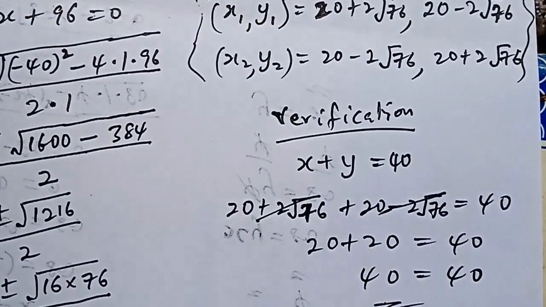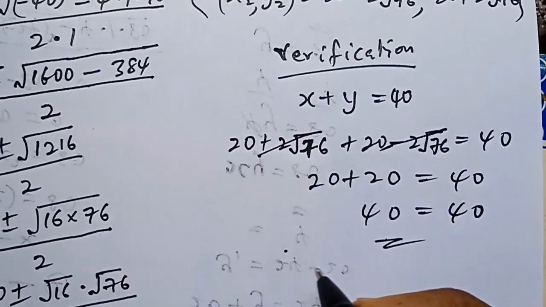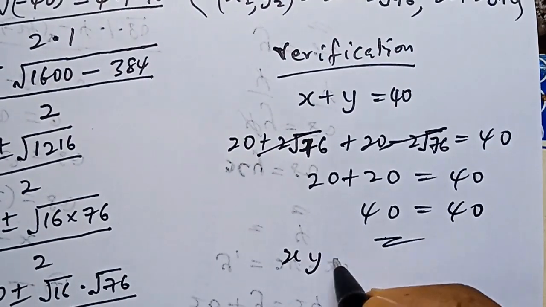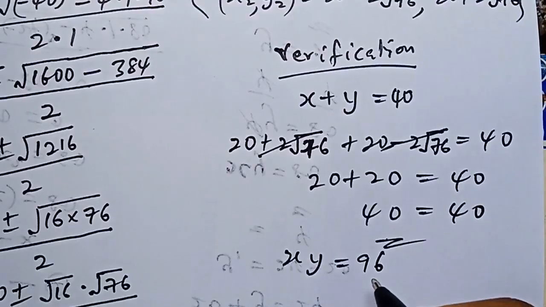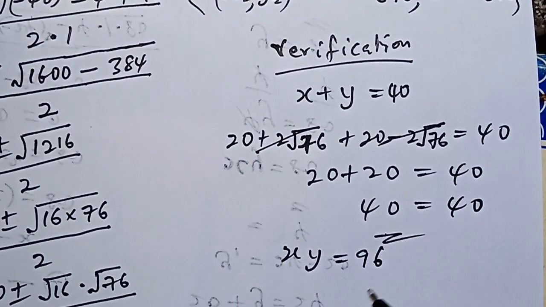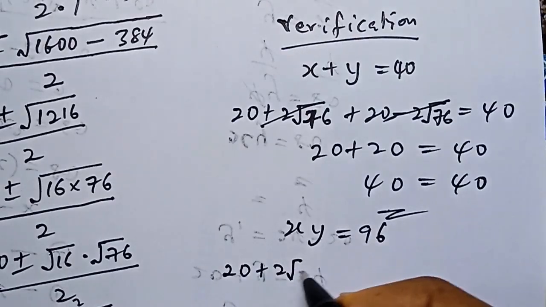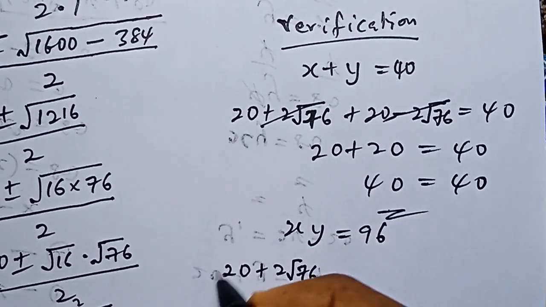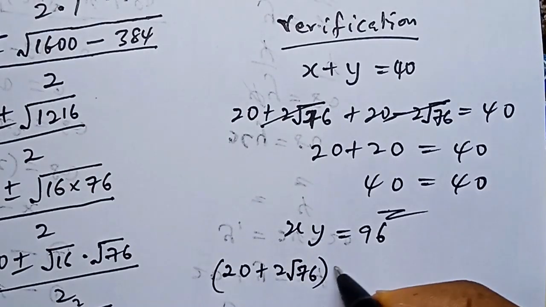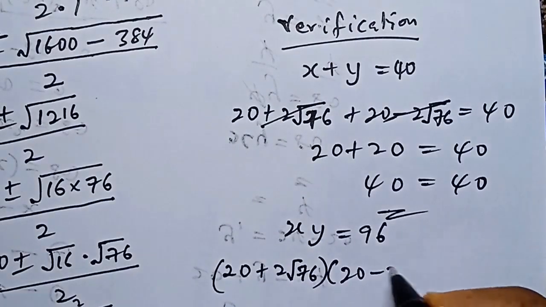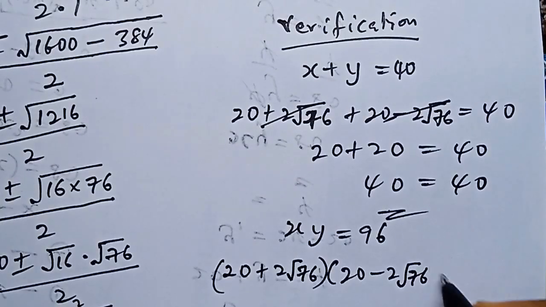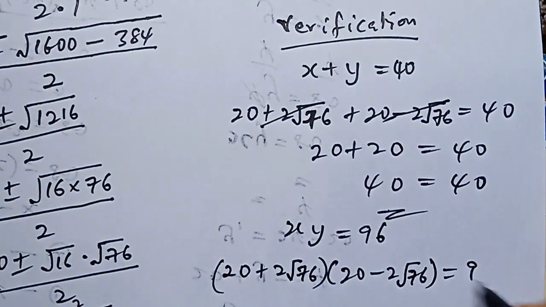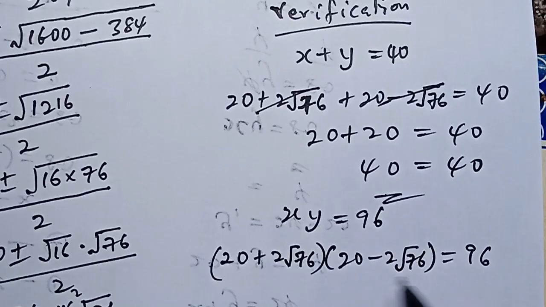So for the other expression, we have xy equals 96. If we input our values here, we have 20 plus 2 square root of 76 multiplied by 20 minus 2 square root of 76, everything equals 96.